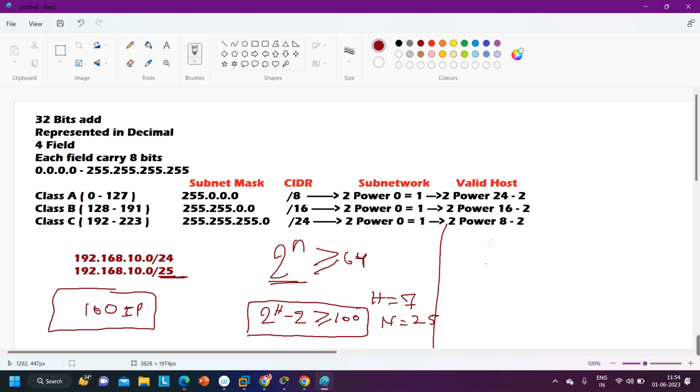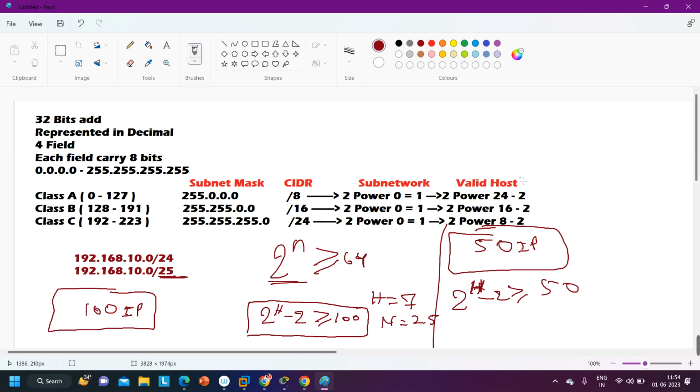Yes. I need to design a network where I need, let's say, only 50 IP addresses. So again my formula will be the same: 2 to the power h minus 2 must be greater than or equal to 50. Here what should be the value of h? If h is 1, then it will be 2 minus 2, 0. If h is 2, then 4 minus 2.